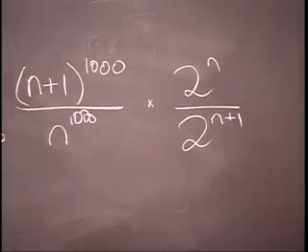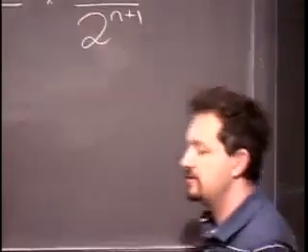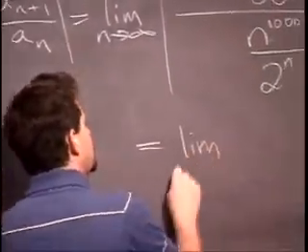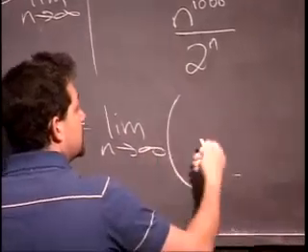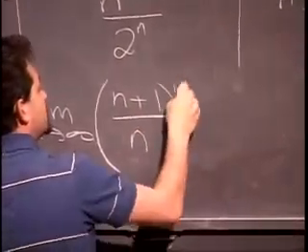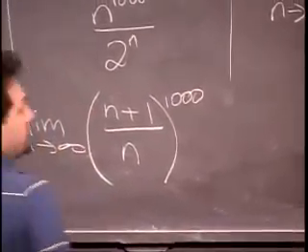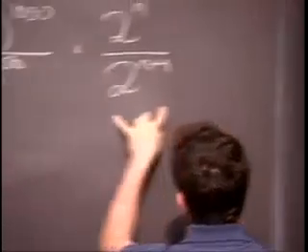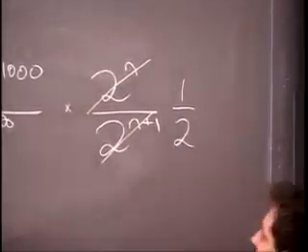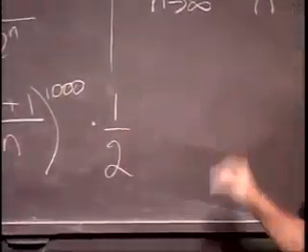That's a good technique to amalgamate the like terms together from the ratio. It's also a good technique to group the 1,000th powers together. I get (n+1 over n) to the 1,000. As for the 2 to the n over 2 to the n plus 1 term, well, I can just cancel that in place, leaving me with 1/2. So down here, that's the limit.